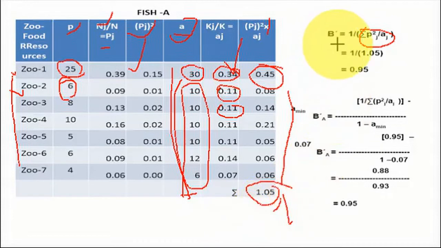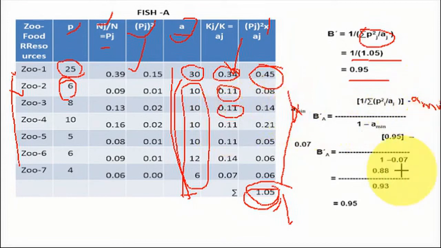As per the formula, we have to divide 1 by this 1.05. 1 divided by 1.05, what we are getting is 0.95. Now convert it to the standardized Hurlbert's diet breadth. Here comes the a min. The a min, you can see, is 0.07.